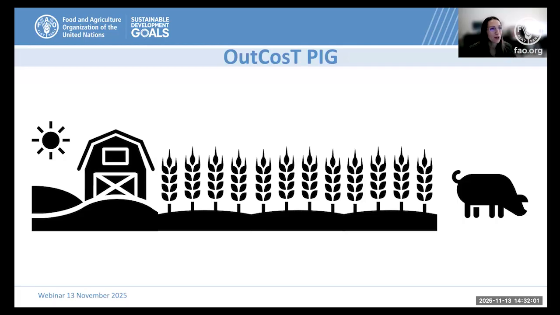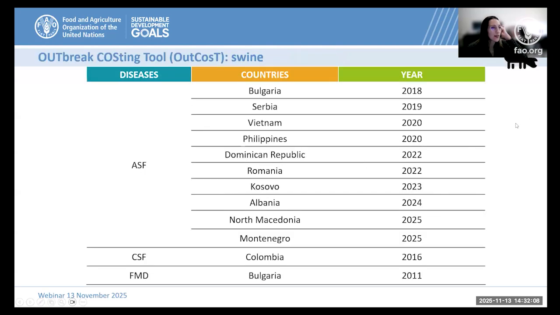So I will continue with the OutCost pig. For the OutCost pig, we work with 3 different diseases: African swine fever, classical swine fever, and foot and mouth disease. And we worked with countries from all over the world, from Asia, South America, Central America, and Europe.